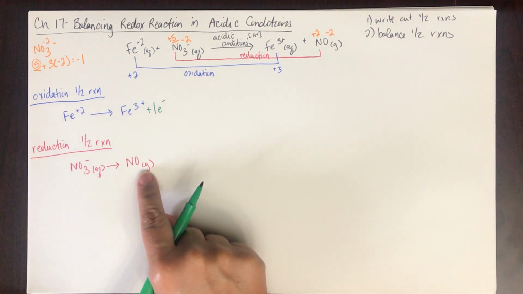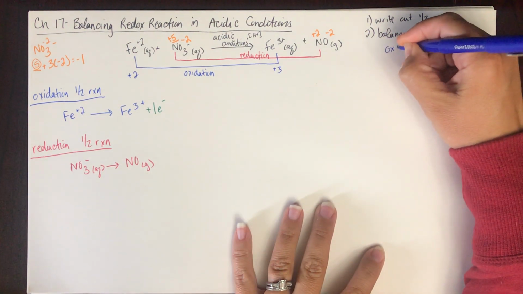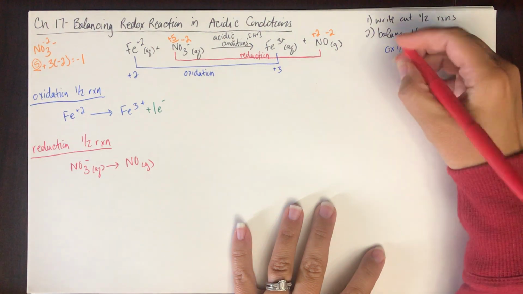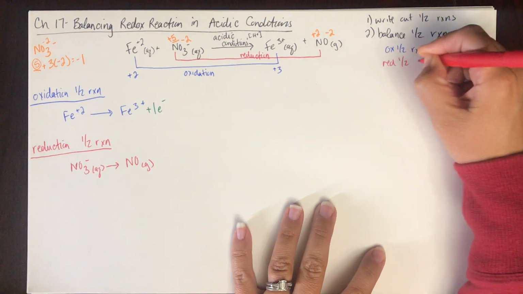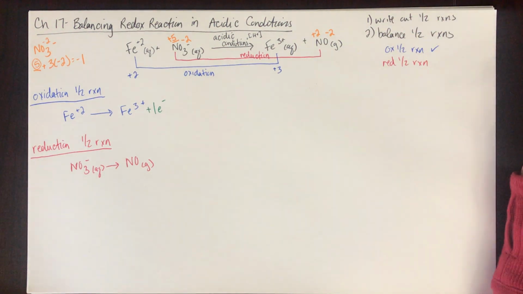For the reduction half reaction, things are a little more complicated. There's a bunch of rules to balancing this reduction half reaction.